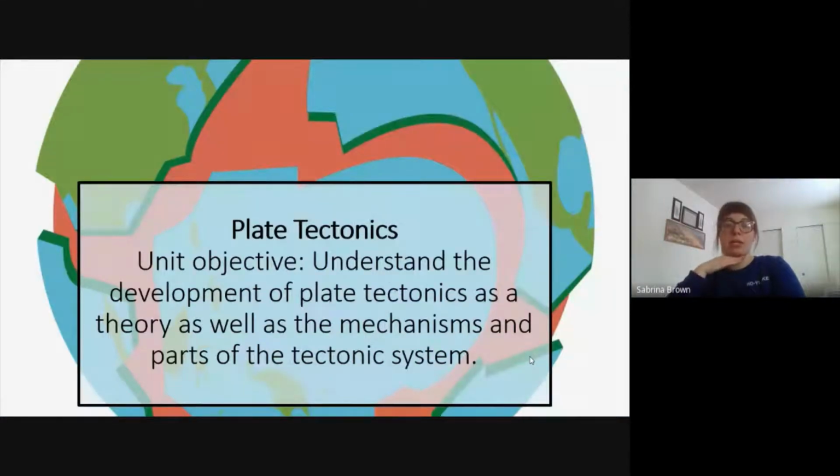All right, so in this lecture, we want to understand the development of plate tectonics as a theory and the mechanisms and parts of the tectonic system. Actually, what I'm going to cover today is the mechanisms and parts of the tectonic system.